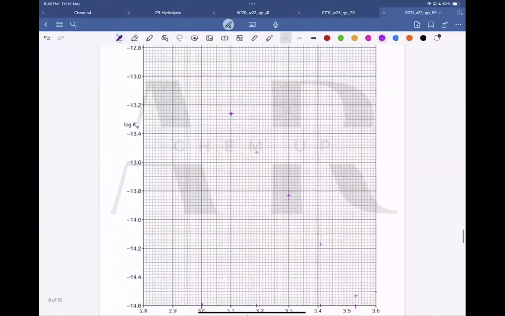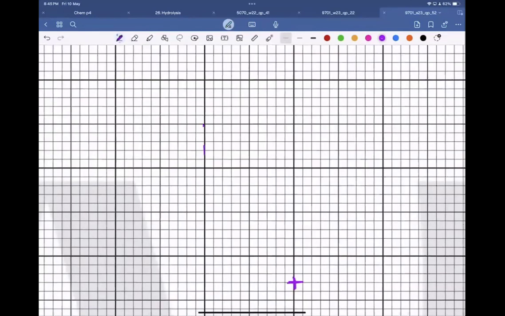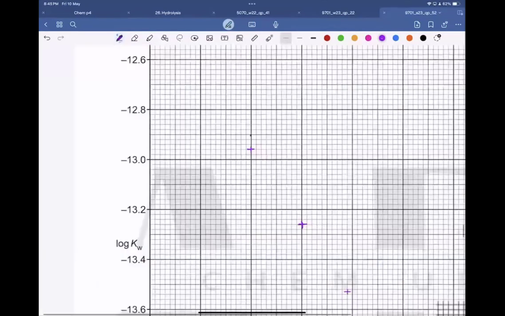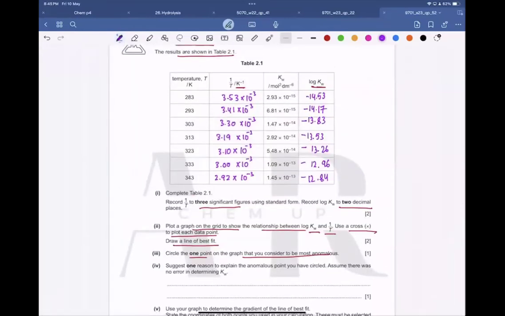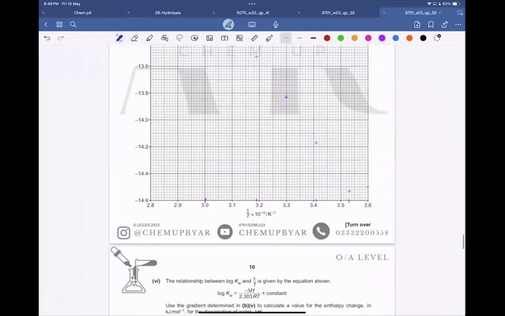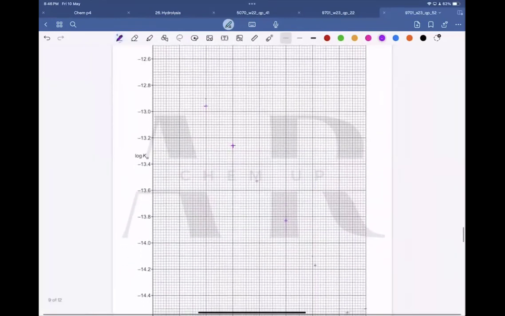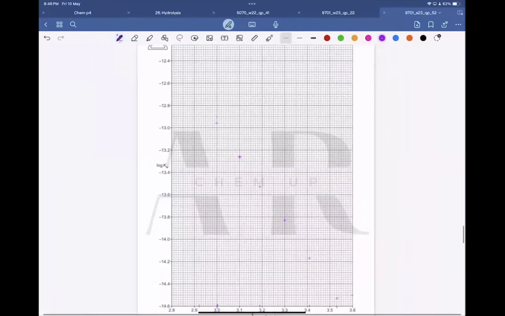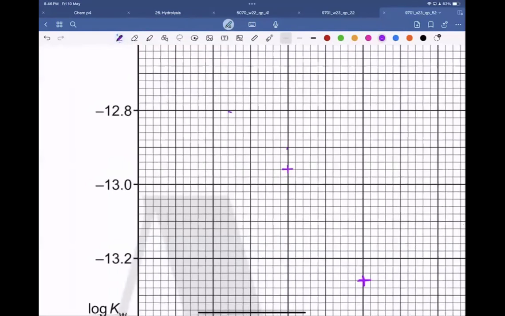At 3.0, if you see, 12.96 is over here. Okay. Then after 3.0, we have 2.92, and on 2.92, 12.84. 2.92 and 12.84.